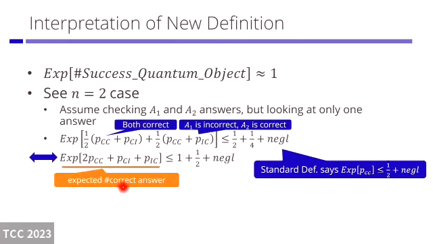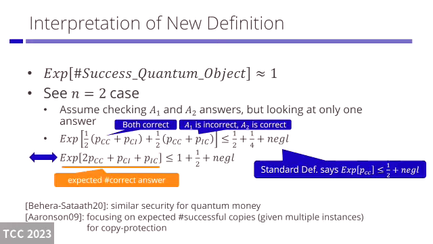The left-hand side means the expected number of correct answers. So we can say that the expected number of correct answers is less than 1 plus half plus negligible. We can easily generalize this to the general n case. This says that the expected number of correct answers is less than 1 plus 1 over n plus negligible. So if n is large, this is almost equal to 1.